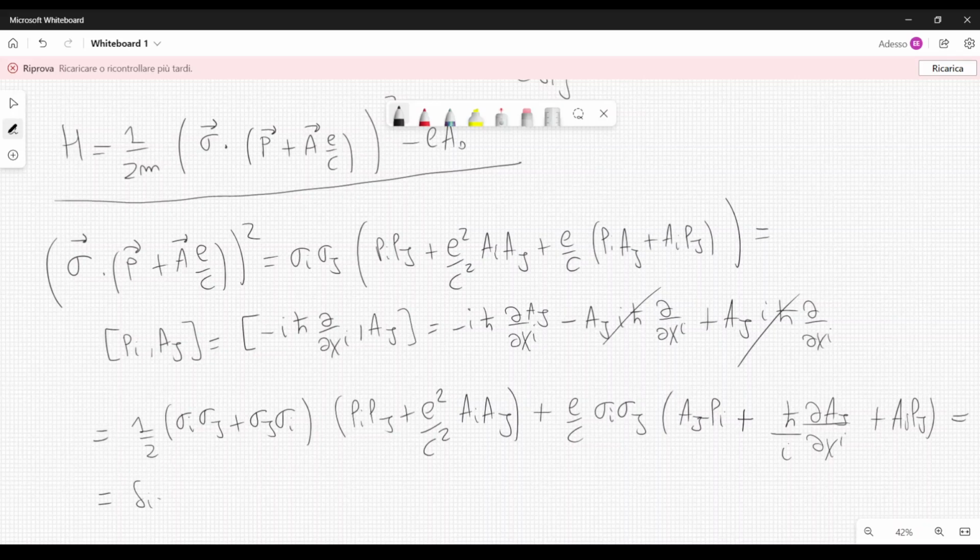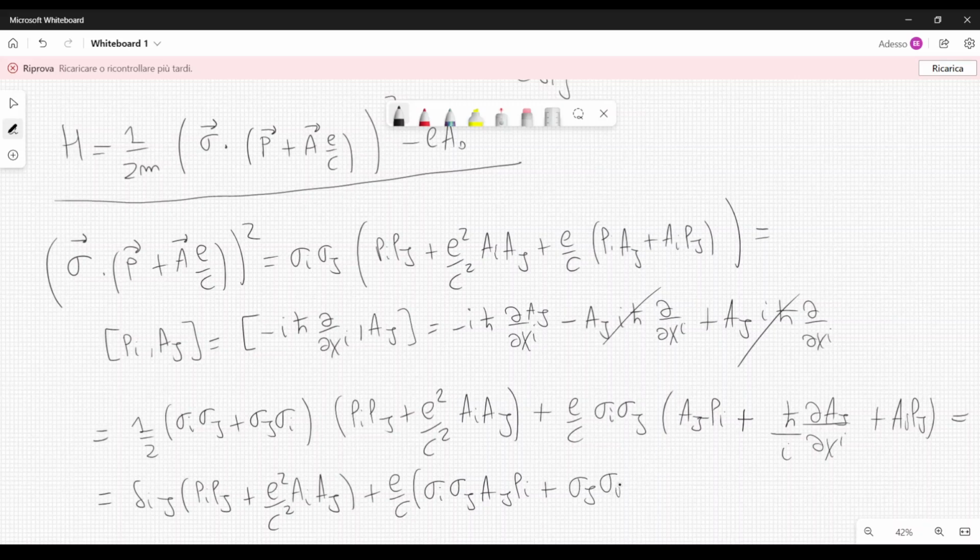Now I have delta ij from this times pi pj plus e squared over c squared ai aj plus e over c times sigma i sigma j aj pi plus sigma j sigma i.